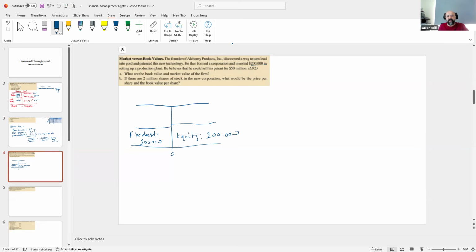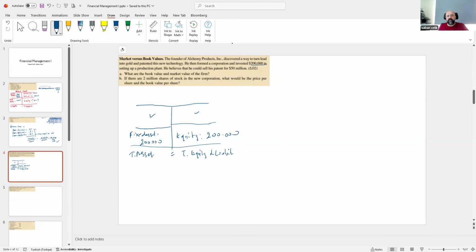So at this point, we don't need to indicate liabilities or current assets. The sum of this is going to be total assets, and this is going to be total equity and liabilities.